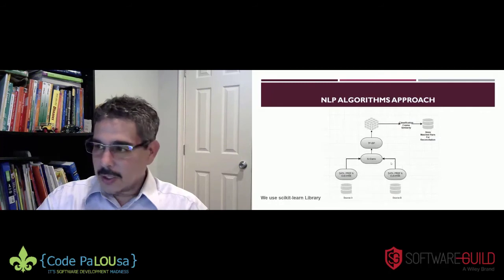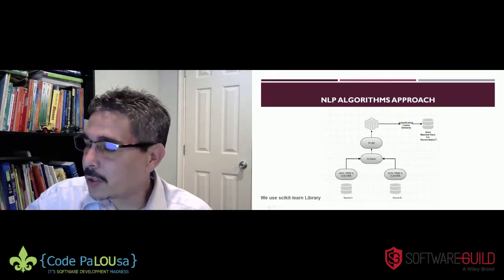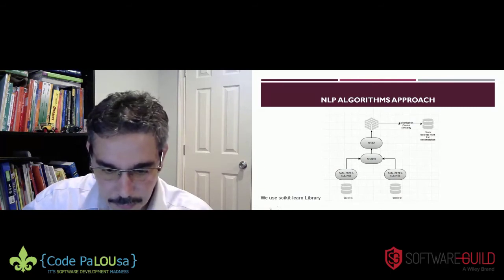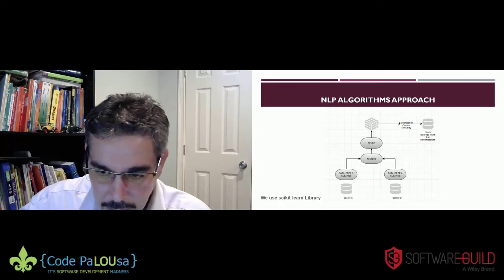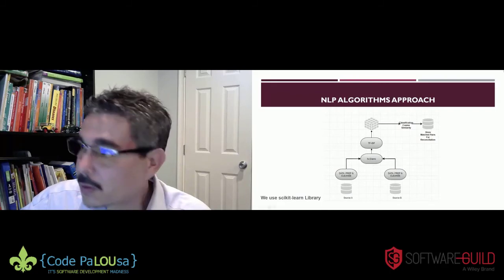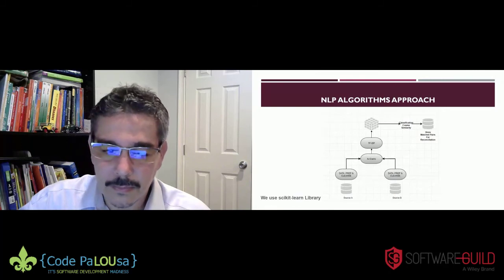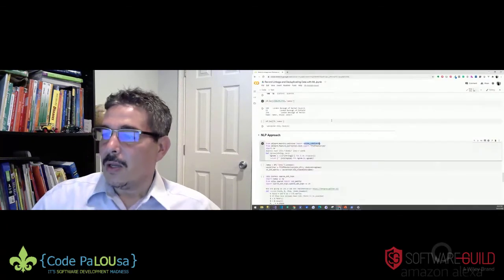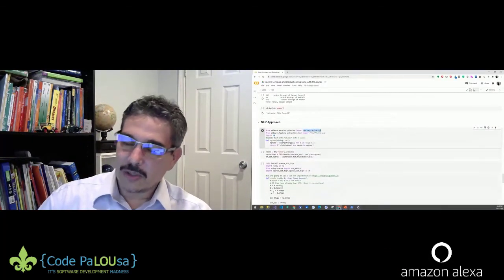So let's go to our Python, record linkage. Now we use cosine similarity. Why cosine similarity?